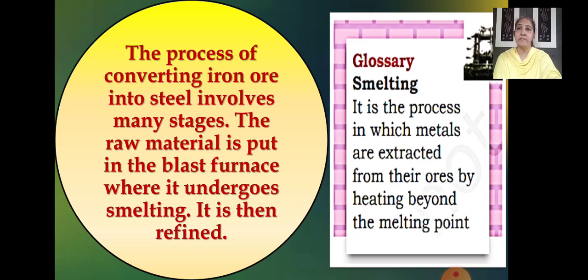Now the process of converting iron ore into steel involves many stages. The raw material is put in the blast furnace where it undergoes smelting. Now what is smelting? Smelting is a process in which metals are extracted from their ores by heating beyond the melting point.